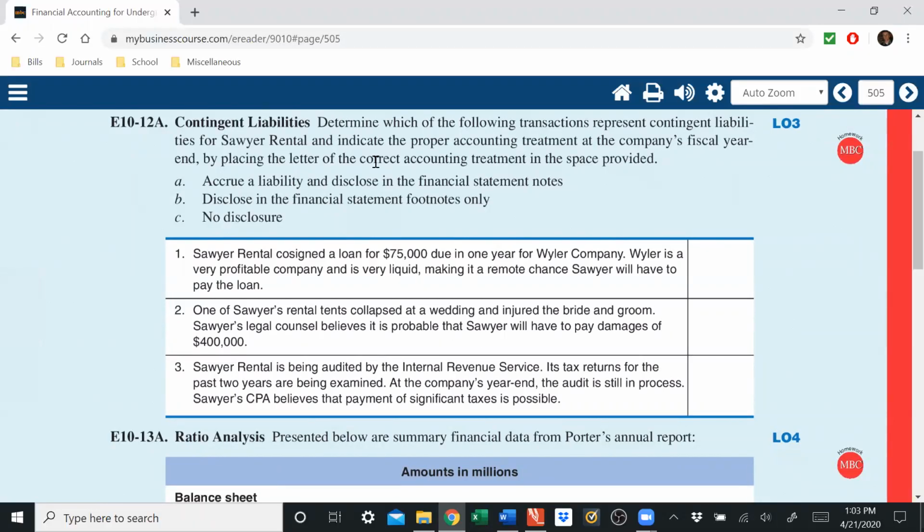Otherwise, if it doesn't satisfy both but meets another condition, then you have to disclose it in the notes of the financial statements. And then if it doesn't satisfy either of the criteria, then you don't have to disclose it at all. And so that's in chapter 10 as well. You can go look at those criteria. It's in the lecture as well.